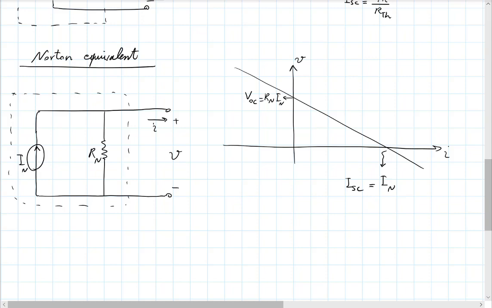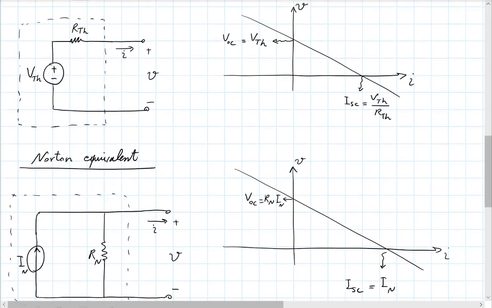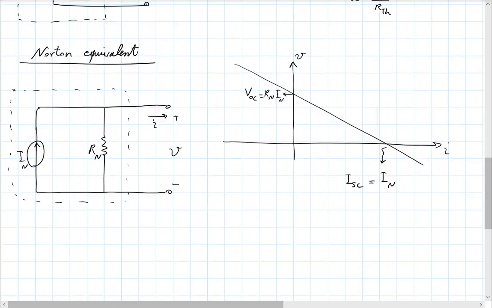So that's that point there. And we also said that from the outside point of view, these two circuits are entirely equivalent as long as you have the same resistor and that the Thévenin voltage is equal to R_N I_N.